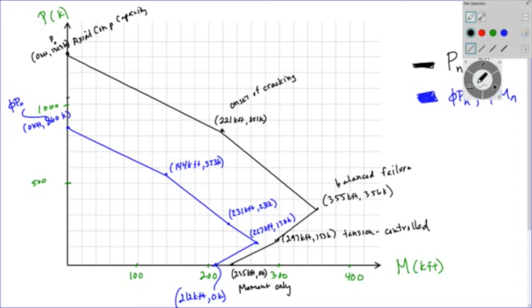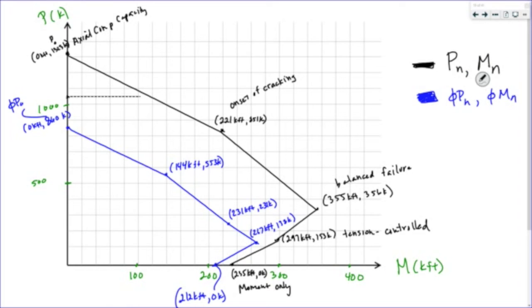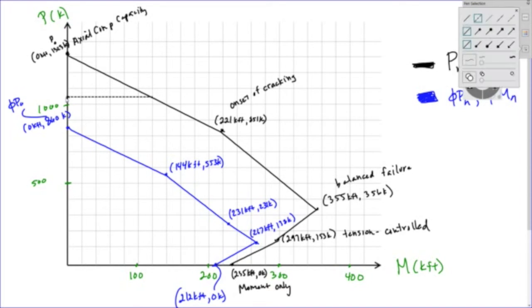In reality, I'm cutting it off right there. This is PN max.